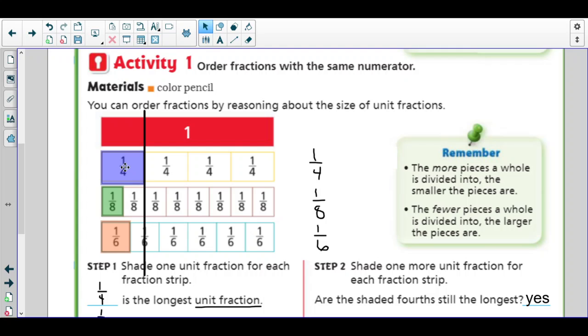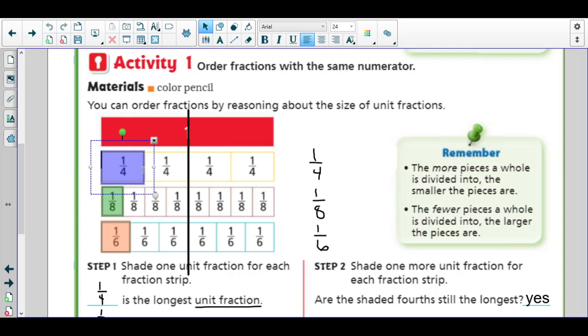Well, it's 1/4. Which one is the shortest? It's 1/8. All right, so reason would tell us that if 1/4 is the longest, and 1/8 is the shortest, if we add one more of each, we're still going to come up with our same conclusion.